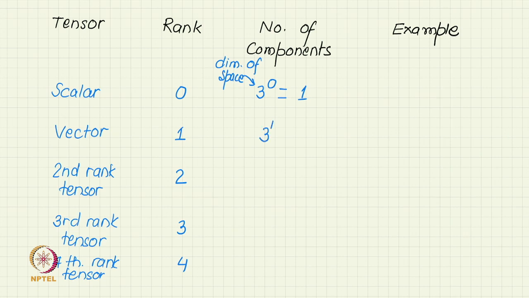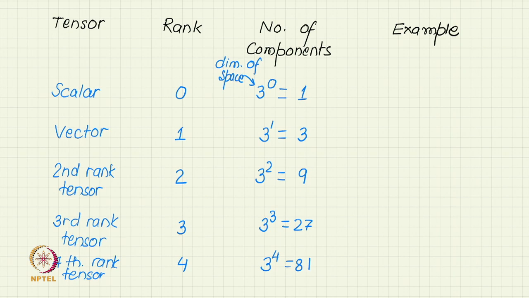We know that in 3 dimensions vectors have 3 components, so they can be treated as tensors of rank 1. Electrical conductivity we saw was having 9 components, so 3 squared is 9. A third rank tensor will have 27 components, and a fourth rank tensor will have 81 components.